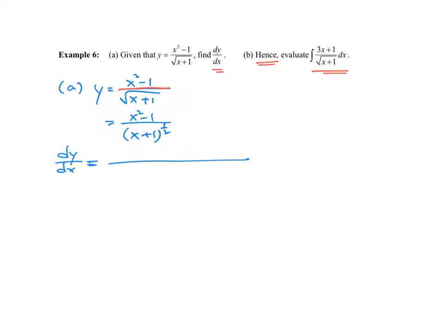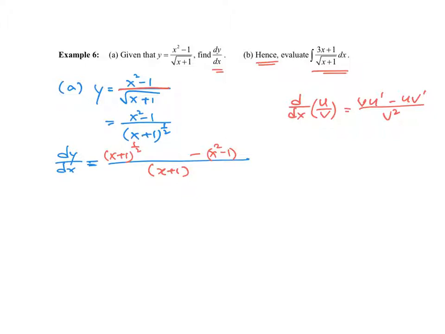If you forget the result, bear in mind that when you are having d/dx of u over v, it should be v squared at the bottom, keep one, differentiate the other: v u dash minus u v dash. So at the bottom you have x plus 1, then keep v as (x plus 1) to the power 1 over 2, minus (x squared minus 1) kept unchanged in the second part.